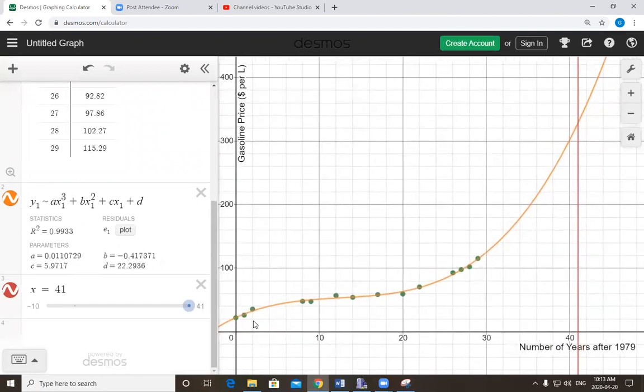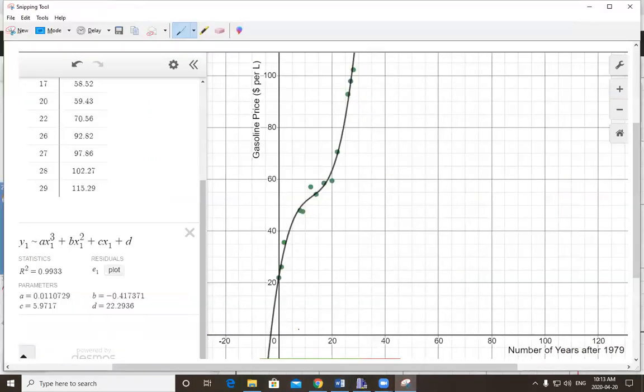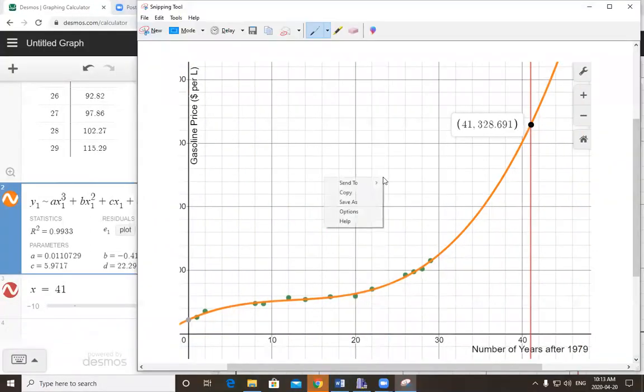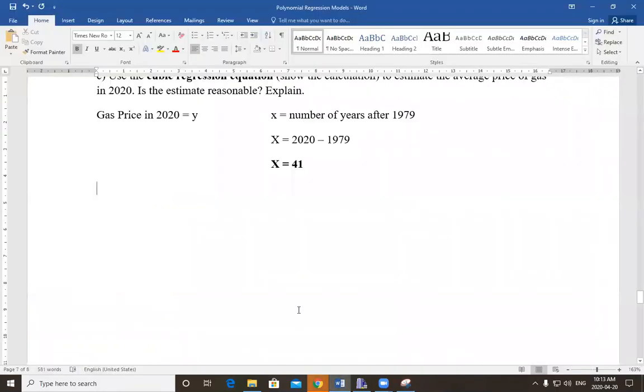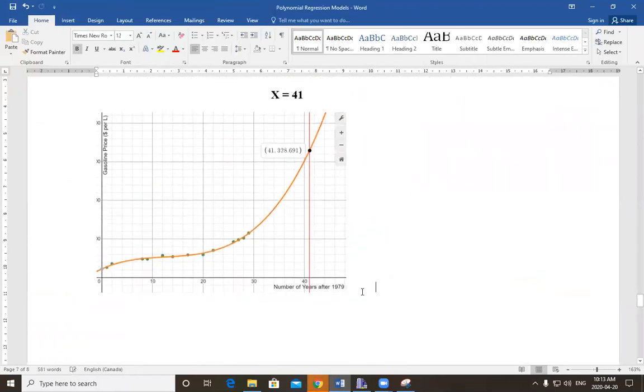Okay, so just scaling it, we can actually see the cubic a bit better. And we can see our intersection point that we want. So we can snip that, copy paste into our Word document. And y equals 328.691.